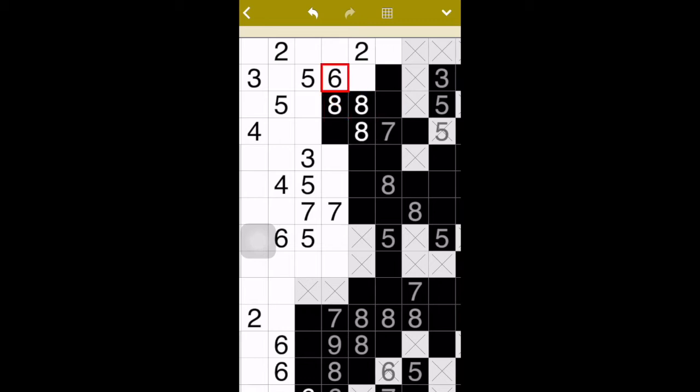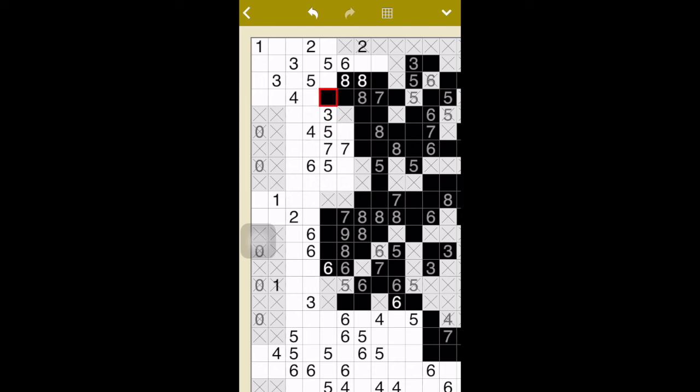I need to have the 2. So two of the black spaces will be here, so that will complete the 2 here. And since I'm gonna have two black spaces here, the rest 2 will be black like that.